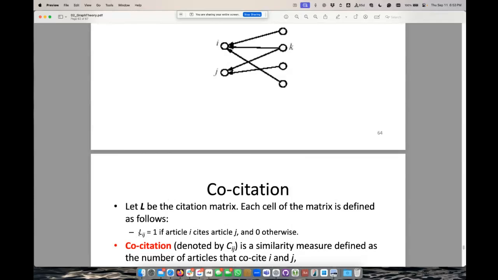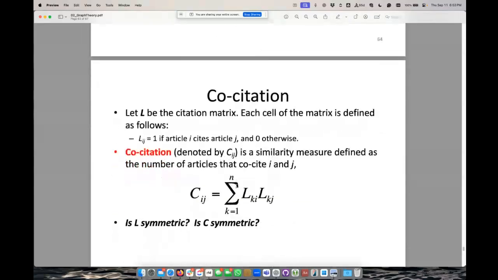Now, if you look at the adjacency matrix, Lij is the edge between I to J. So instead of Ij, you're looking at Ki and Kj. So you can say Lki and Lkj will be those edges, right? So if Lki and Lkj exist, meaning there are these edges, then we just do a product, right?